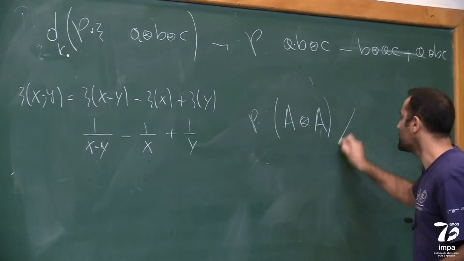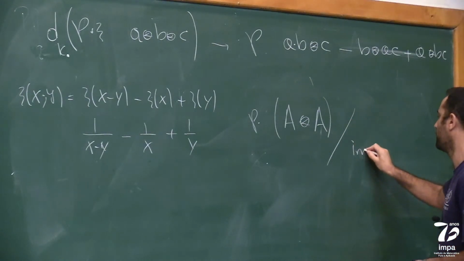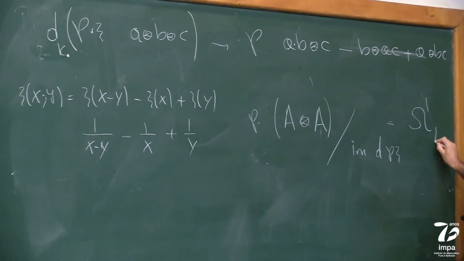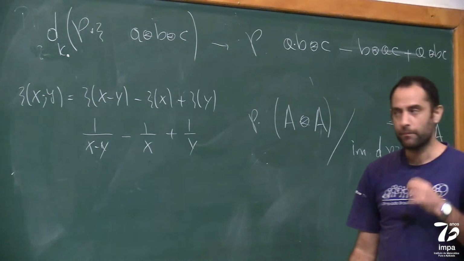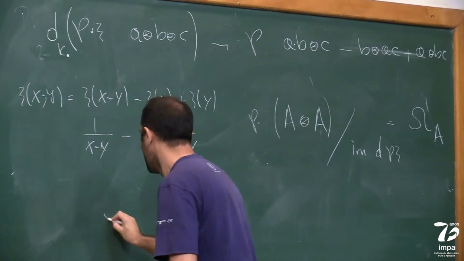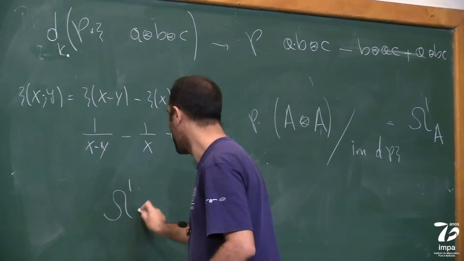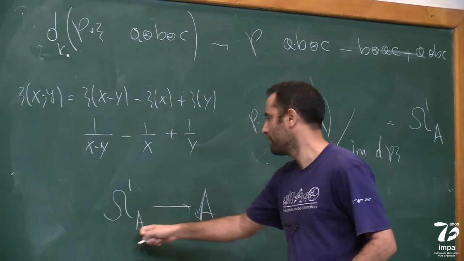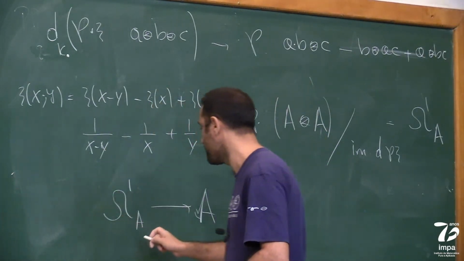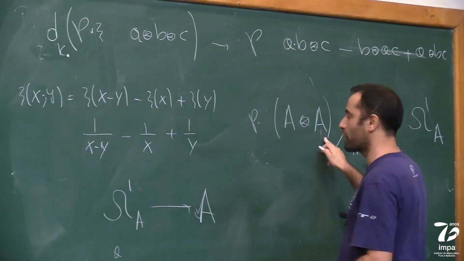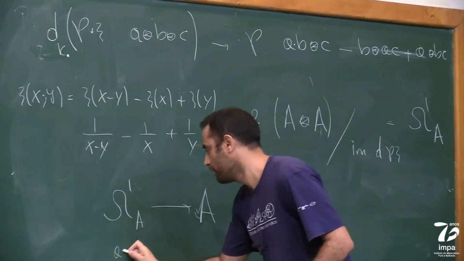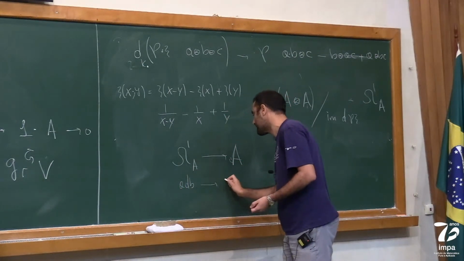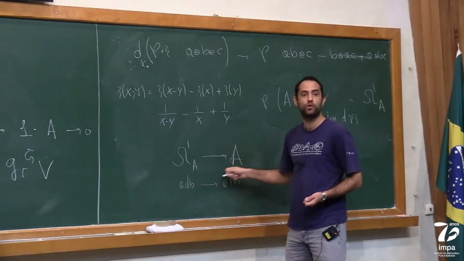But then I look at this modulo the image of that differential, and I find omega 1 of A. So now I have omega 1 of A mapping to A, and the differential here stays the same. Under A tensor A, the map to omega 1 of A that sends A tensor B to A dB, this differential stays being A tensor B, just like in the Koszul complex.